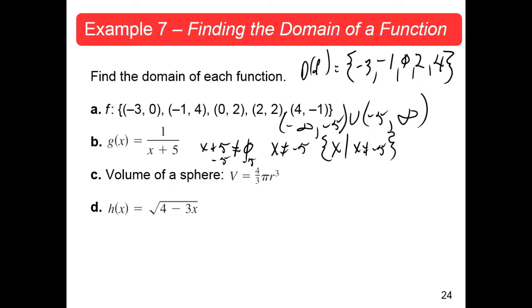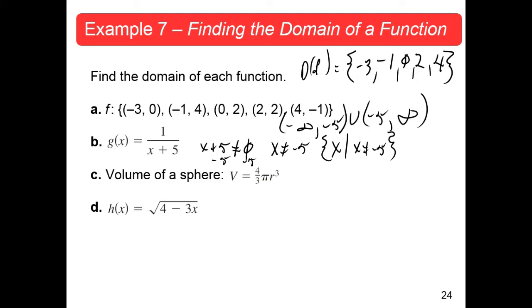Okay? Now we get into the other one we haven't mentioned yet, but it's reality. The volume of a sphere, they're giving you the equation for it, V is equal to 4/3 pi r cubed. Now, what would be the elements of this domain for that function or equation or formula? What's your input?